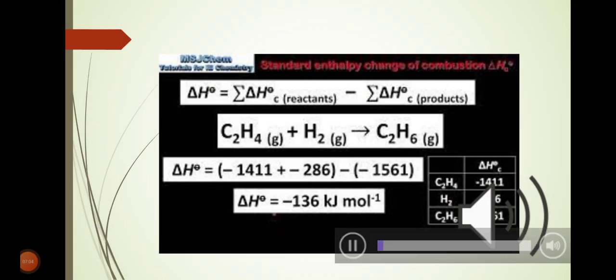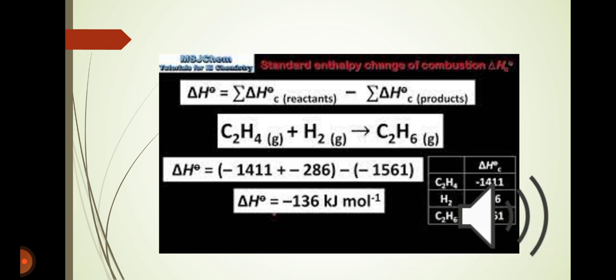Let us consider one more problem, the standard enthalpy change of combustion. For the reaction, ethene plus hydrogen gives rise to ethane, for the change in enthalpy of the reaction, for ethene C2H4 they have given minus 1411, for hydrogen minus 286, and for ethane minus 1561.